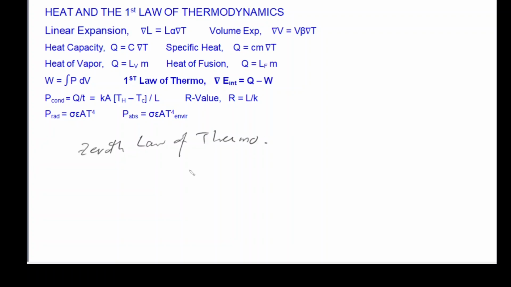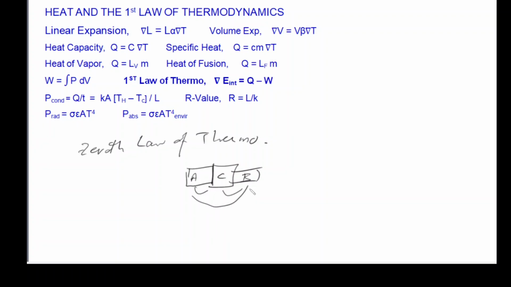So if you have A, C, and B, so if A and B are in thermal equilibrium with body C, meaning they're at the same temperature, then A must be in thermal equilibrium and at the same temperature as B.